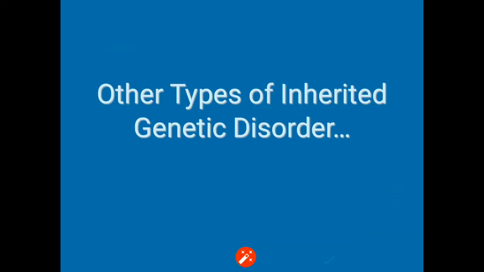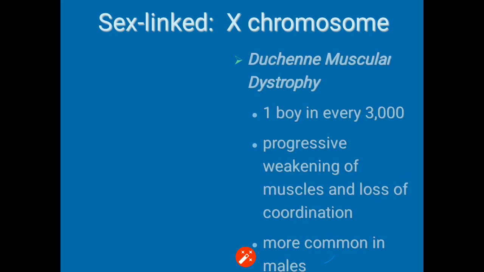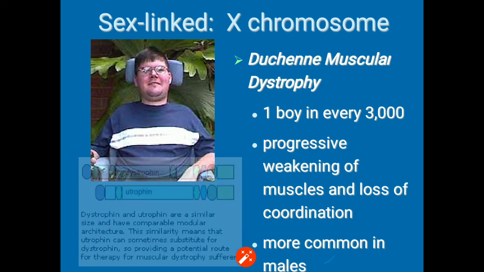Other types of inherited genetic disorders we have already discussed many. Here I will take up only one, that is Duchenne's muscular dystrophy. 1 boy in every 3000 boys, with progressive weakening of muscles and loss of coordination, more common in males as it is an X chromosome linked disorder.